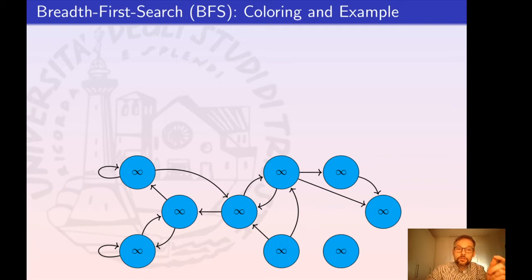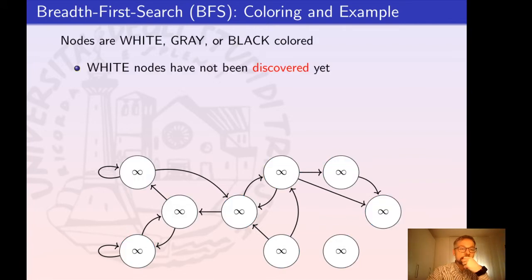Let me repeat. The label in the node is the distance from the source of the BFS visit to that node. In BFS we have three kinds of nodes, divided by color. They are not really colored, but they are white, gray, and black. Probably this is because the guy who invented breadth first search was daltonic.